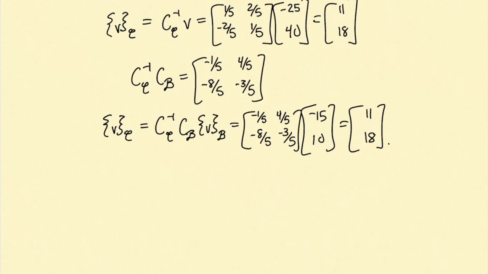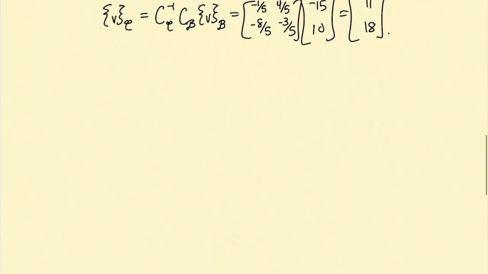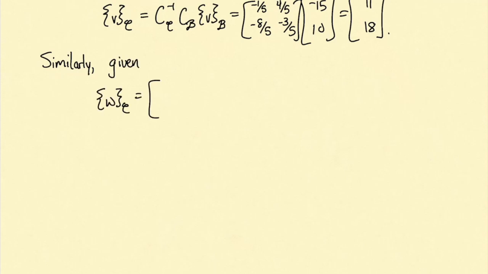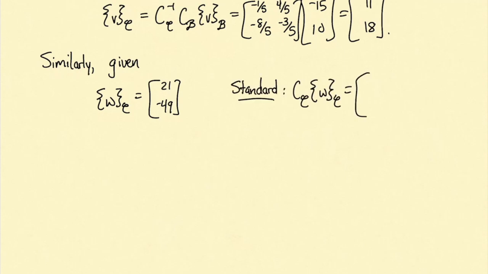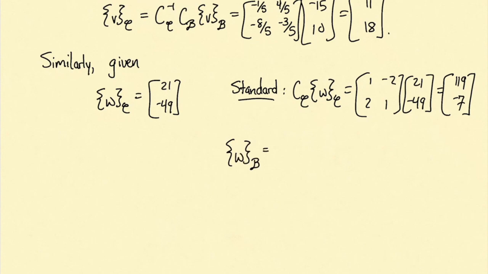Similarly, if we're given a vector that's expressed in coordinates corresponding to C, so (21, -49), we could convert this to standard coordinates first, and then we can convert from standard coordinates to the coordinates in B by multiplying the result by C sub B inverse.